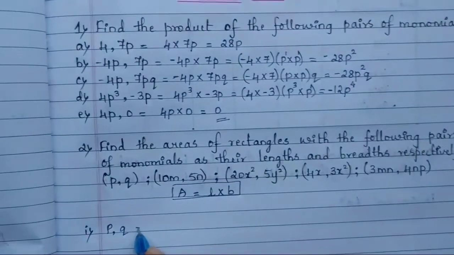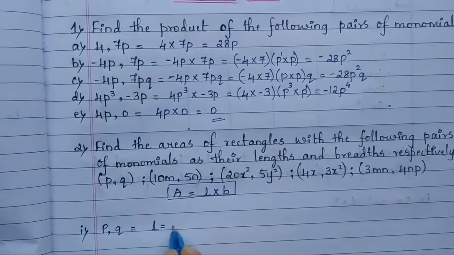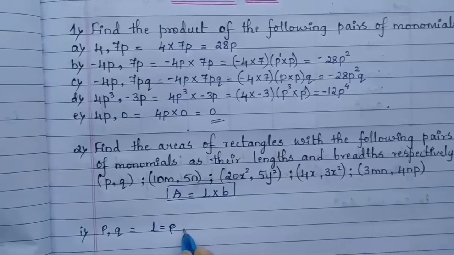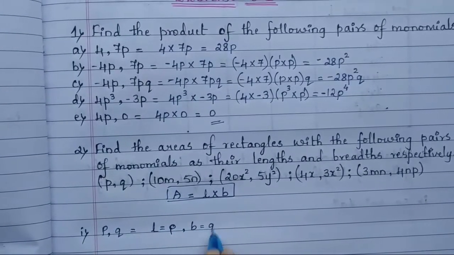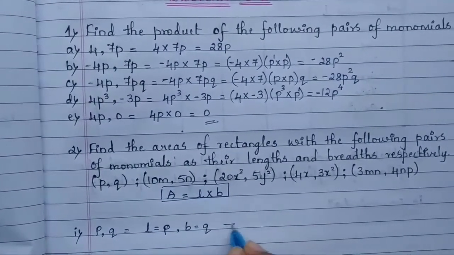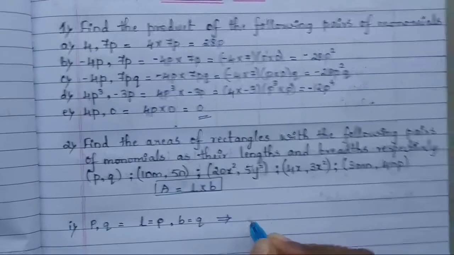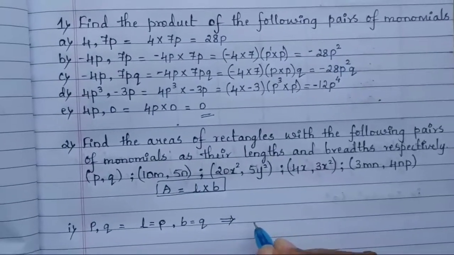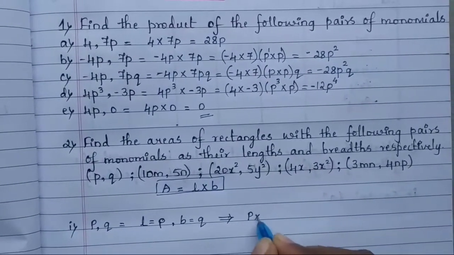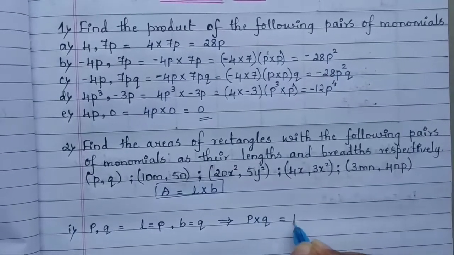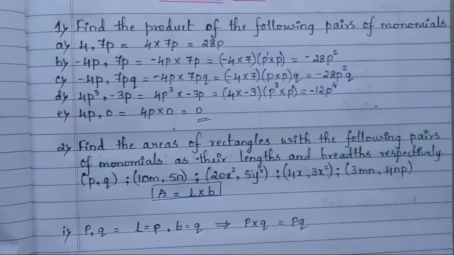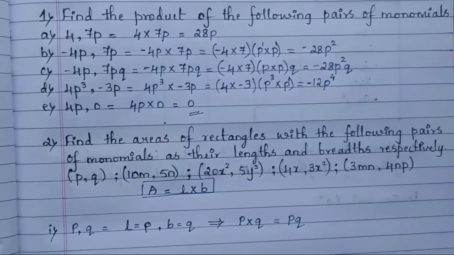As our L is equal to p here and B is equal to q here, substituting in this, we will get L into B, that is p into q, which is nothing but pq. We can write this p into q as pq.